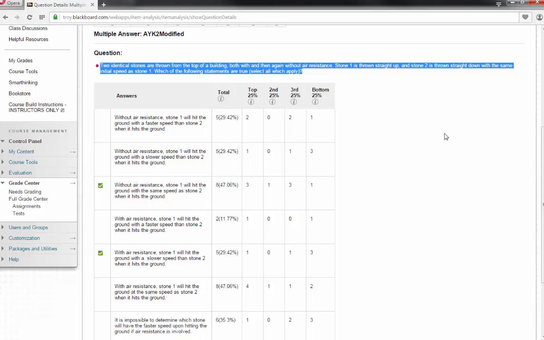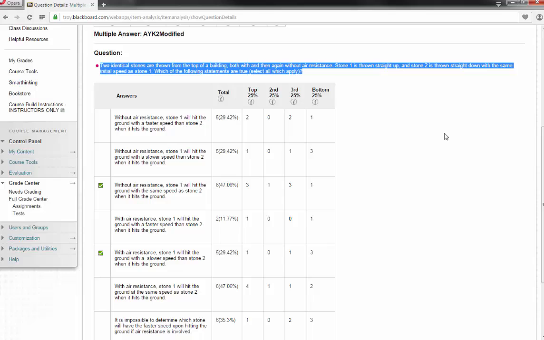You have 2 identical stones that are being thrown from the top of a building. Both are initially thrown with air resistance, and then we repeat, this time without air resistance. In both cases stone number 1 is thrown straight up and stone number 2 is thrown straight down, and they both have the same initial speed.